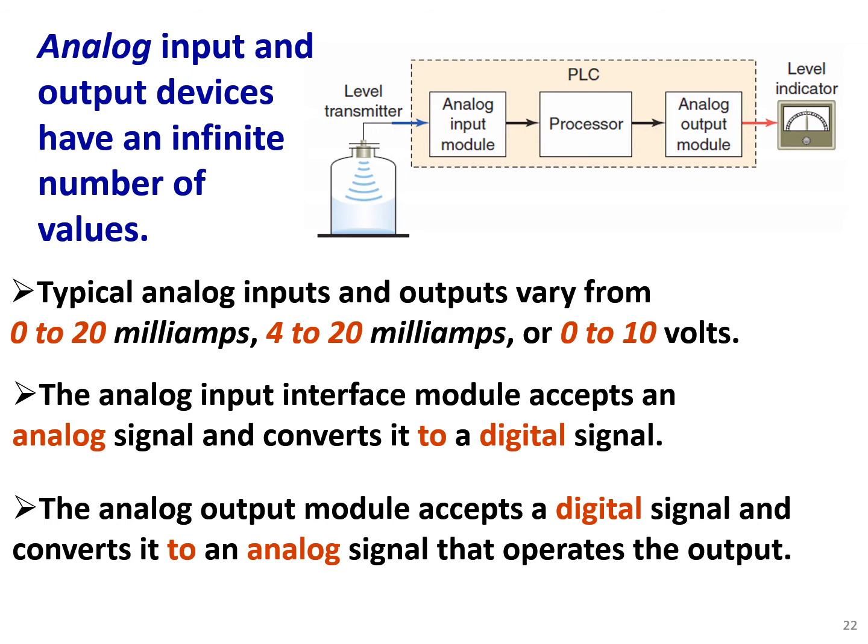Okay, so the module accepts or provides an analog signal, depending on whether the module is an input module or an output module, and converts it to the digital signal for the case of the input module, and accepts a digital signal from the PLC for the case of the output module. The analog output module accepts a digital signal and converts it to an analog signal that operates the output.